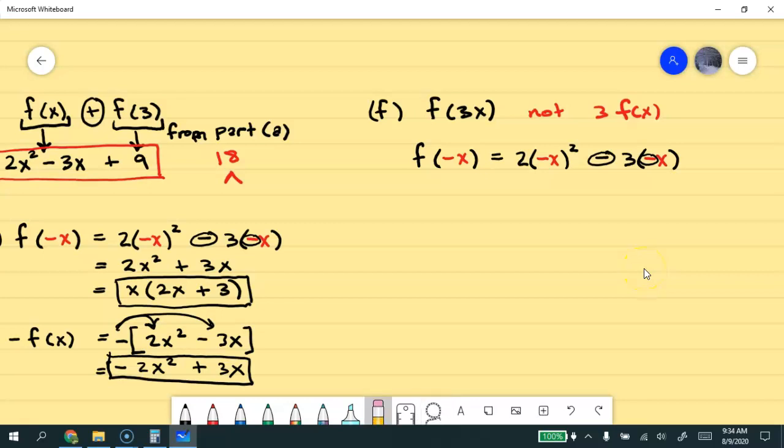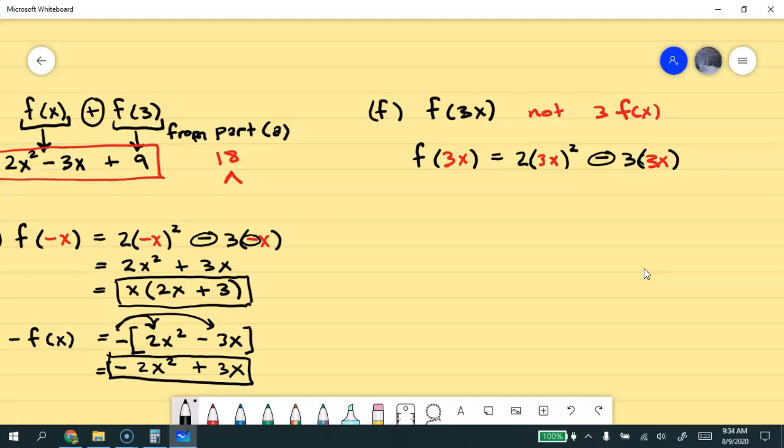So this time, instead of plugging in a negative x, we want to plug in a 3x. Let's see what that's going to do. We're going to plug in 3x over here, 3x over here, and 3x over here. So that's going to simplify to the following.